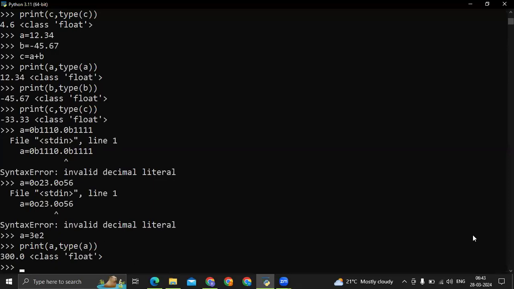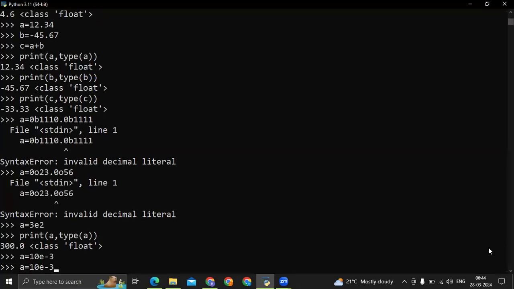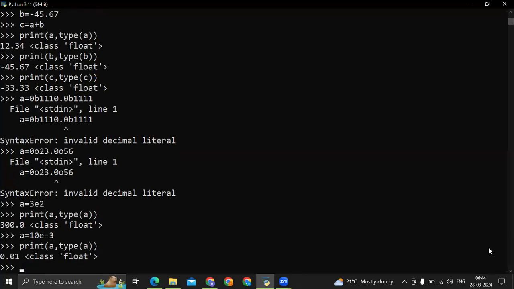Now if I write A is equal to 10E minus 3, and print A, type of A, see, it will move to the left side.